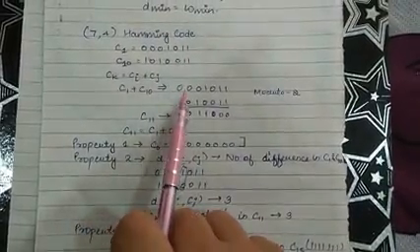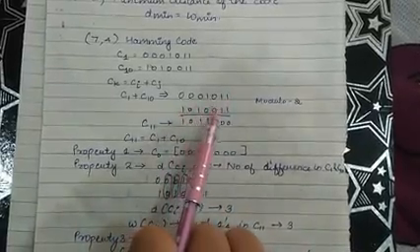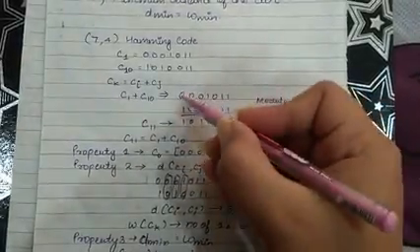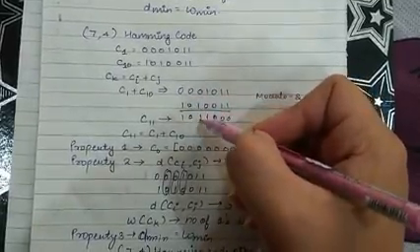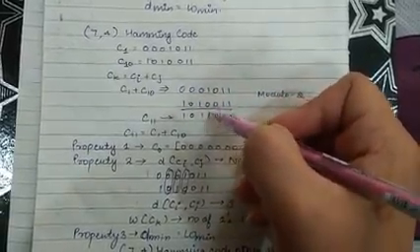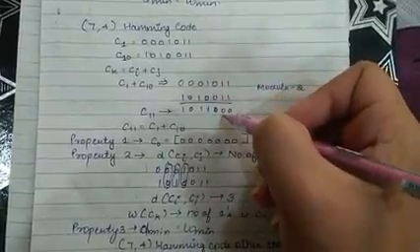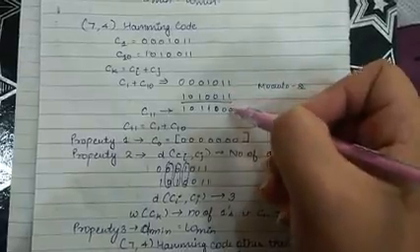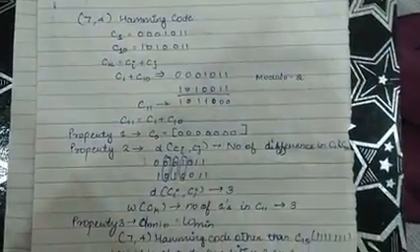Let's see: 0001011 plus 1010011. 0 plus 1 is 1, 0 plus 0 is 0, 0 plus 1 is 1, 1 plus 0 is 1, 0 plus 0 is 0, 1 plus 1 is 0, 1 plus 1 is 0. How am I solving this? By using modulo 2.